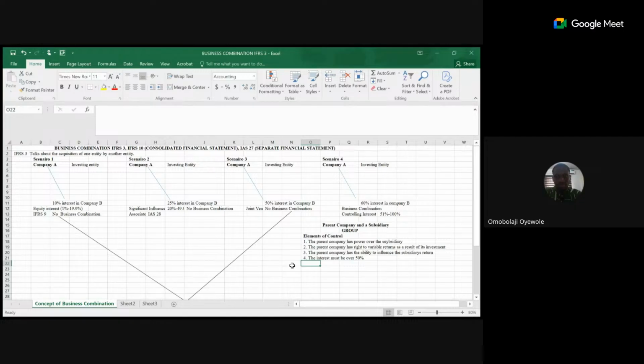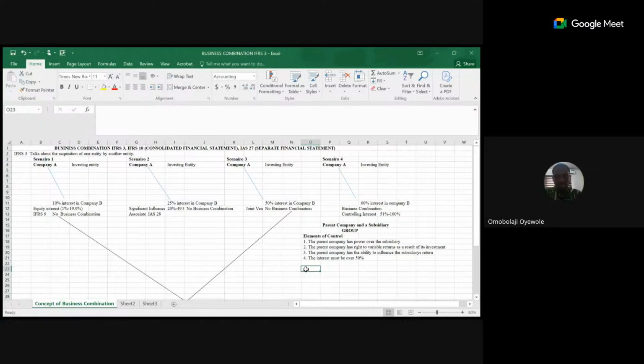So how do I ascertain that a company is a group? How do I ascertain that an investing entity has control over the invested entity? Number one, the parent company has power over the subsidiary. Number two, the parent company has right to variable returns. Now, what gives me the right to variable returns?